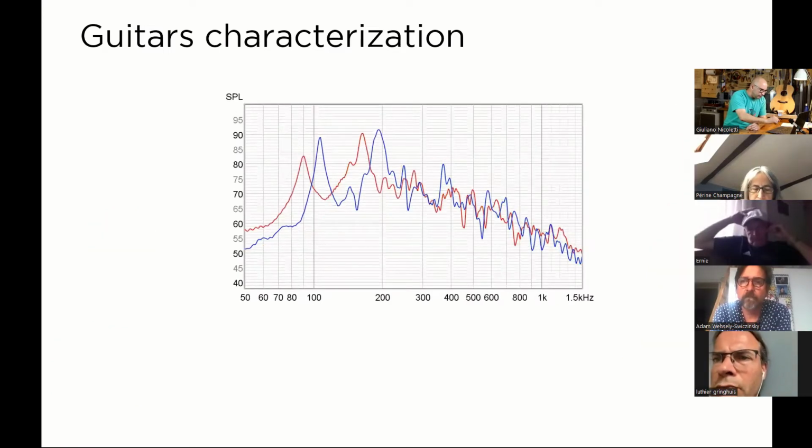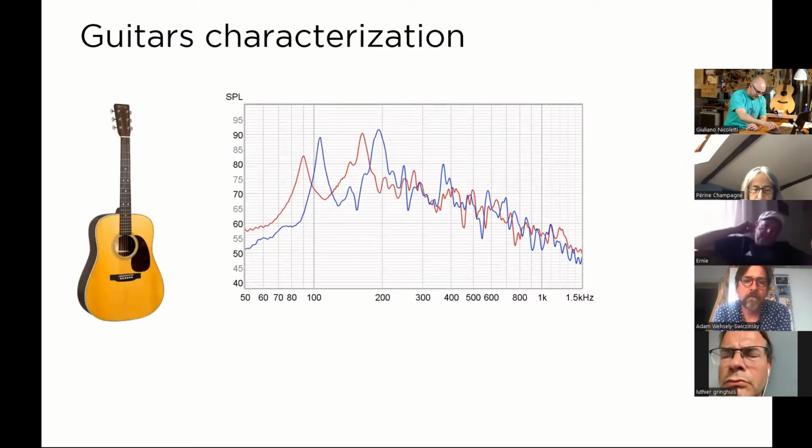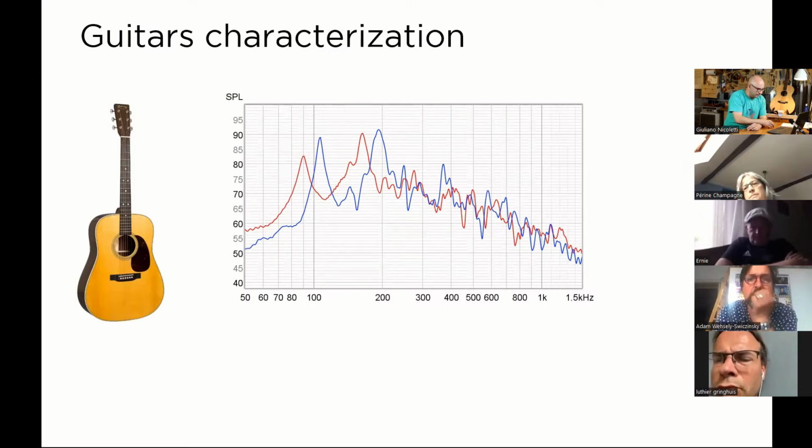And so we proceed. The blue curve you can recognize is the Martin D28. In this case, the red curve seems to be quite different from the D28. It is much lower in frequencies, and we can see there are no very clear, evident higher order modes. What is this?